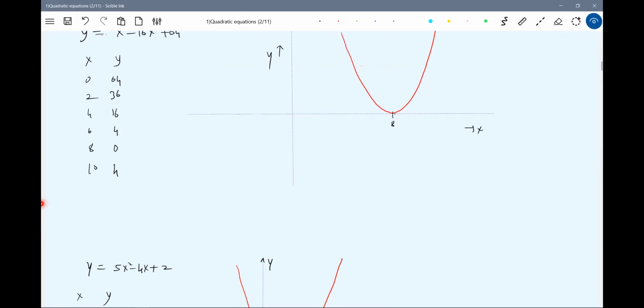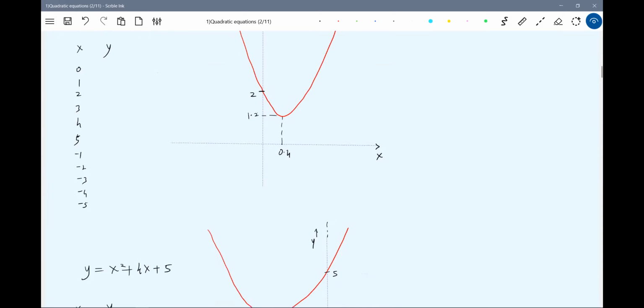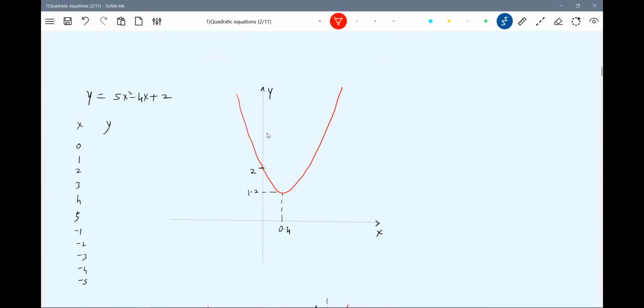So somewhere I'll conclude here. What is the conclusion? Conclusion: the graphical method of determining the points of intersection of a curve with the x-axis is not advisable.